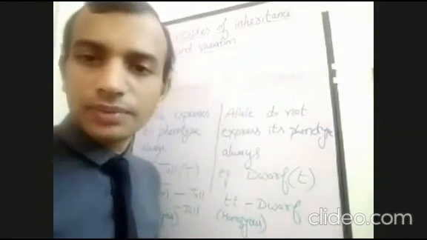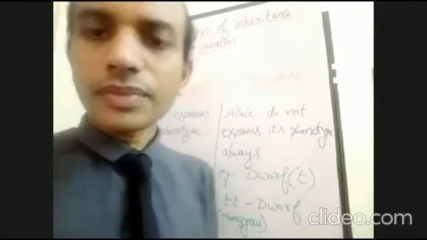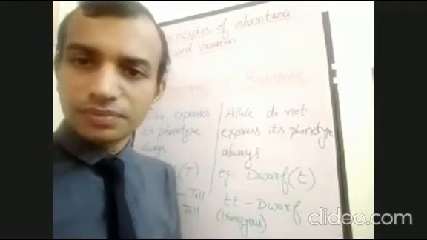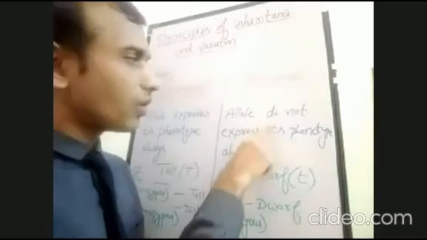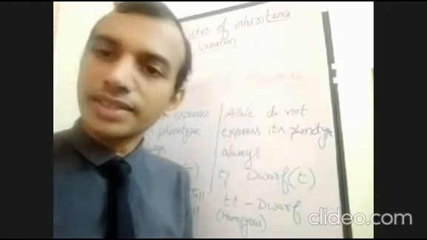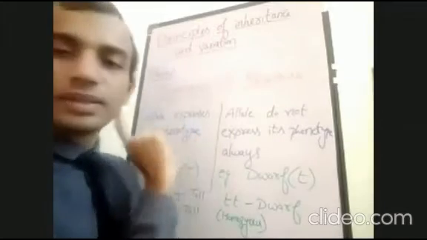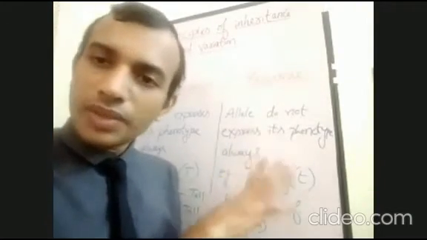Same way, a recessive allele does not always express its phenotype. That means when you look at a heterozygous condition, that is when there are dissimilar alleles, the expression of this recessive character is silenced. Only the dominant character will be expressed. But will it always remain silenced?